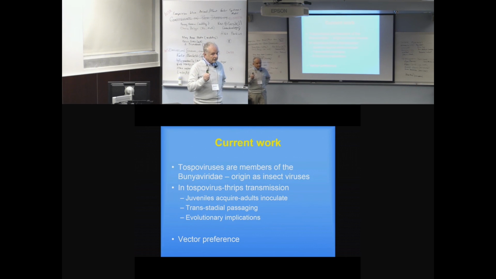Adults can acquire, but they cannot complete the cycle. So the adults can pick up the virus, but it never gets back to the feeding part so that it can then inoculate. And we got to thinking about some of the evolutionary implications of this.